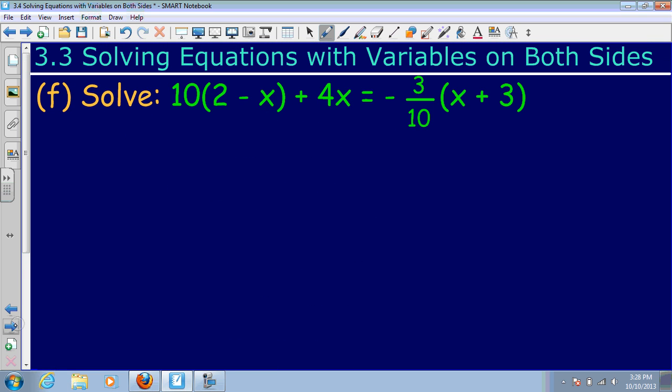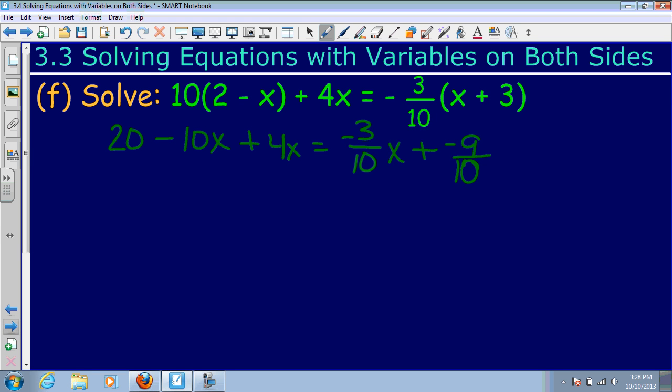Okay? One more. This one has a fraction. Let's just distribute. Or do you want to multiply the whole thing? Now let's distribute. 20 minus 10x plus 4x equals negative 3/10 x plus negative 3/10 times 3, negative 9/10.